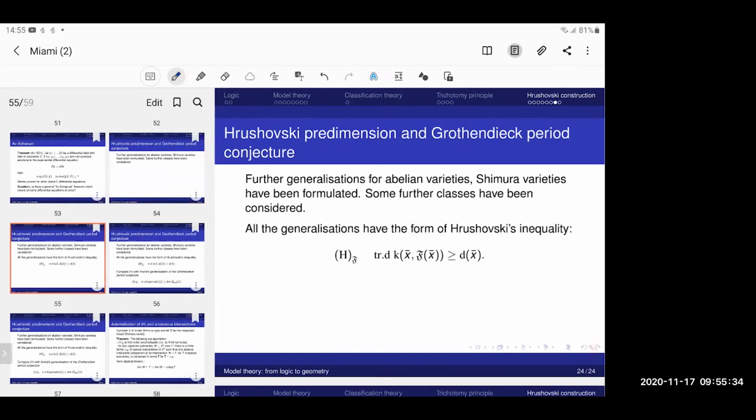So the way of looking at it is this. We can put the Hrushovski inequality in this form. So we have transcendence degree. Well, there is supposedly some choice of transcendental functions, or whatever you find appropriate for your Hrushovski construction.